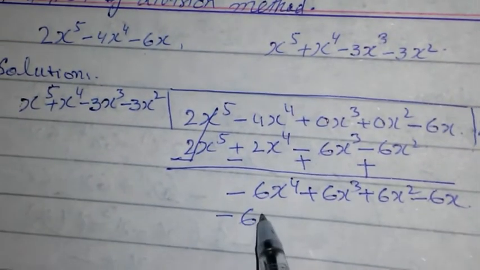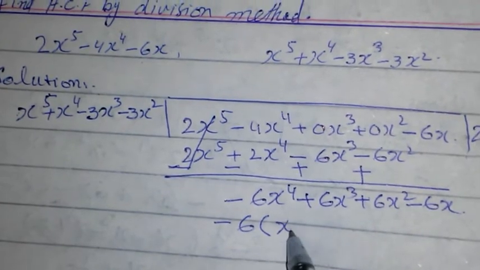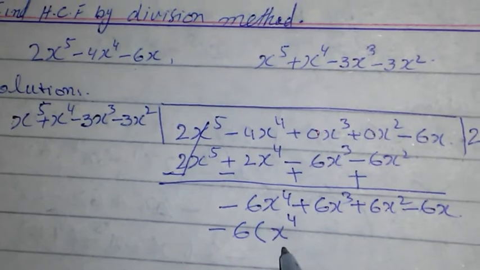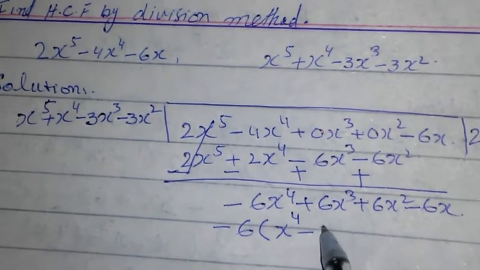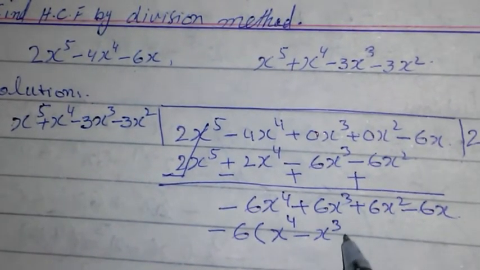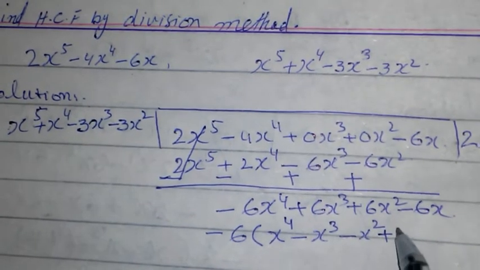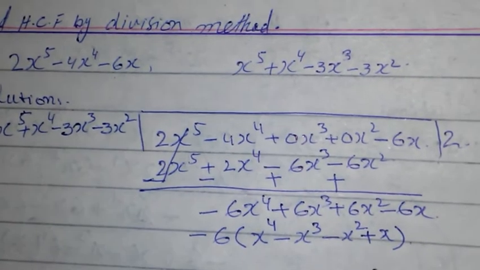Minus 6x is common in all the terms, so we separate the minus 6: x power 4 minus x cube minus x square plus x.